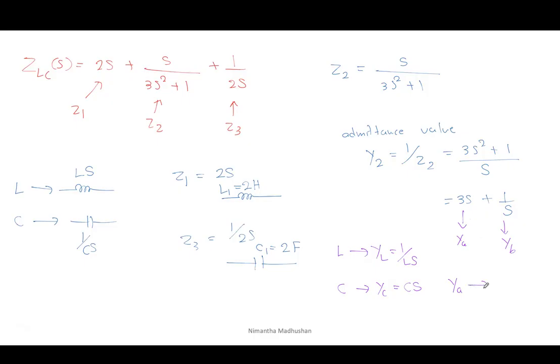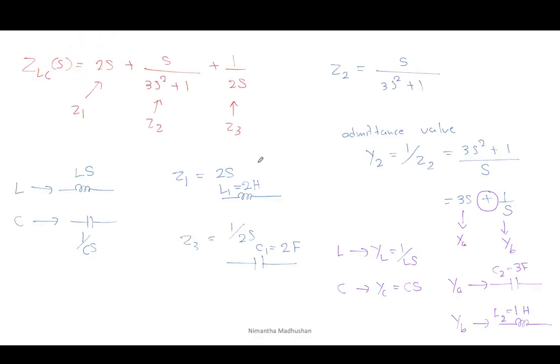YA is like a capacitor with the value of 3 farad. And YB is like an inductor with the value of 1, which is L2. You can see the combination of these two elements is shown with a plus mark in admittance.